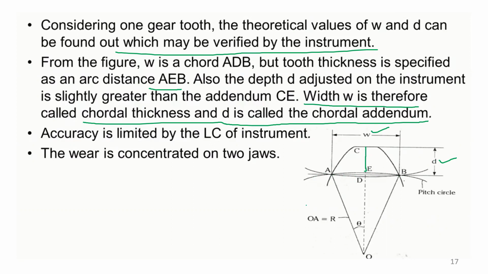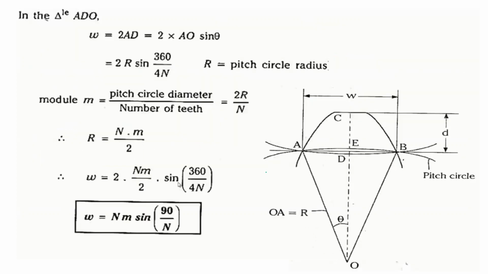The accuracy of this gear tooth vernier caliper is limited by the least count of the instrument. And also here the jaws are contacting at the points A and B, so there is wear on the two jaws.